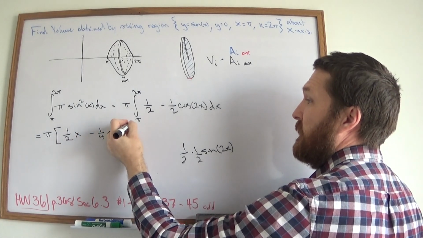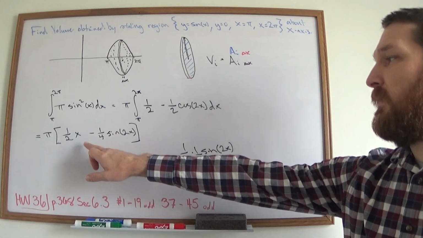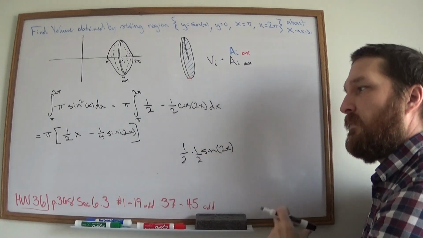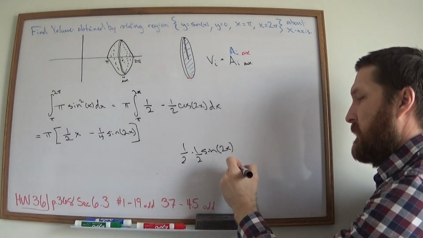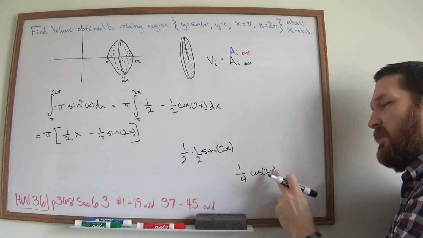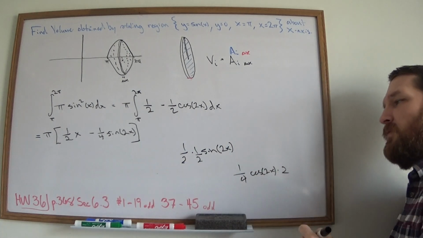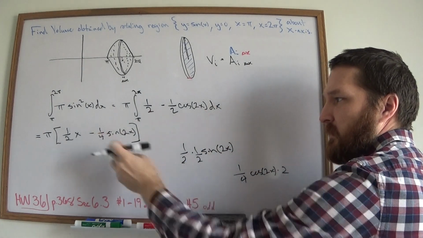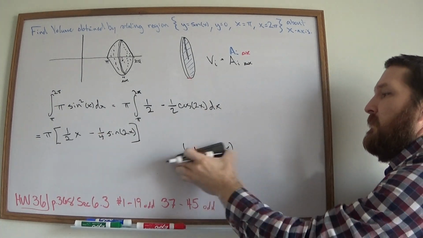Now let's take the derivative and make sure. Take the derivative of that, you get a half. Take the derivative of this: sine goes to positive cosine, so you'll have cosine 2x. So 1/4 cosine 2x times the derivative of the inside stuff, which is just 2, and that works back out to that. The sign is correct.